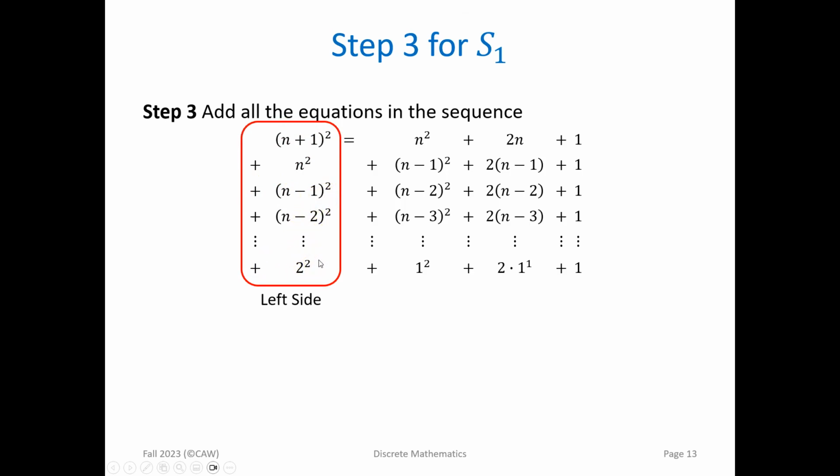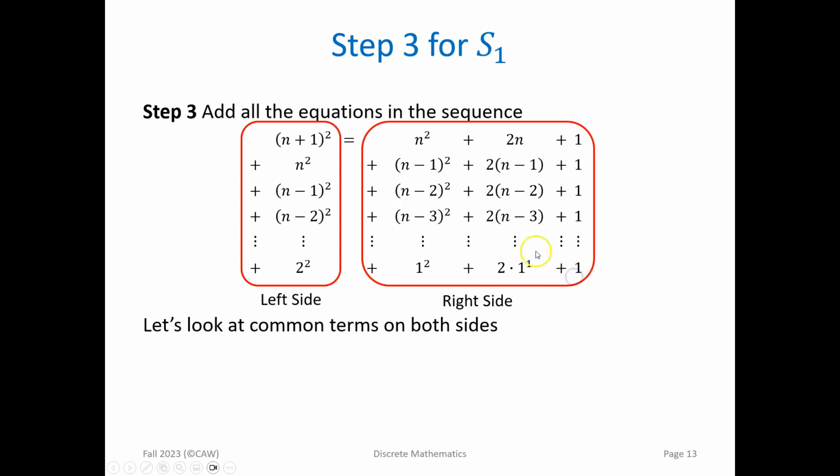The right side of the equation is even more complicated. It's n squared plus 2n plus 1, plus (n-1) squared plus 2 times (n-1) plus 1, plus all the way down to plus 1 squared plus 2 times 1 to the first plus 1.